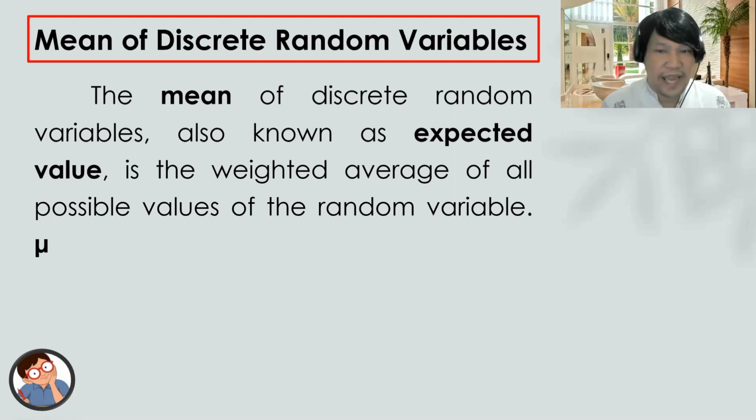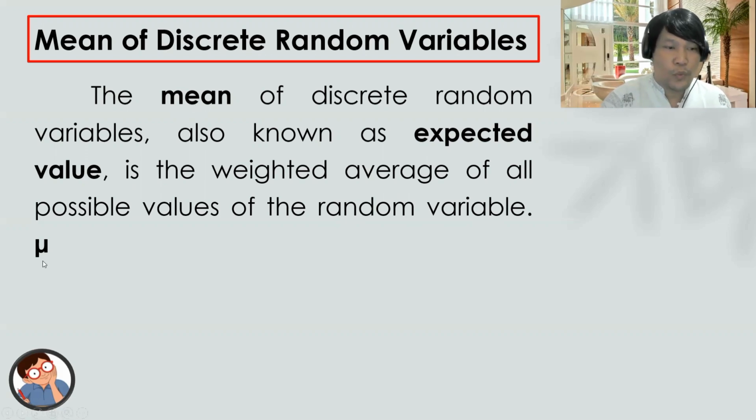It is the weighted average of all possible values of the random variables. I repeat, the mean of discrete random variables, also known as expected value, is the weighted average of all possible values of the random variables. That is what we call the expected value, or the mean.